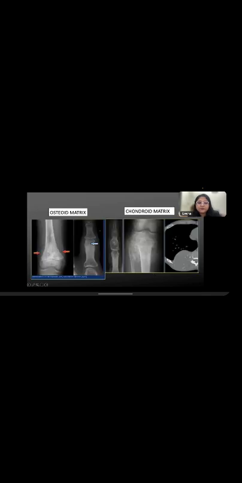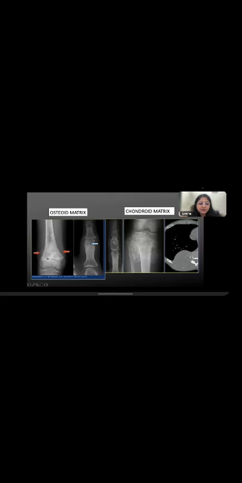Less aggressive tumors form better organized and denser bone. The cartilage producing tumors produce rings and arc type of calcification. So this is what is meant by osteoid matrix, in which there is trabecular formation. They may be less dense than the normal bone, but there will be trabecular disarray. Chondroid matrix will show rings and arcs type of calcification.